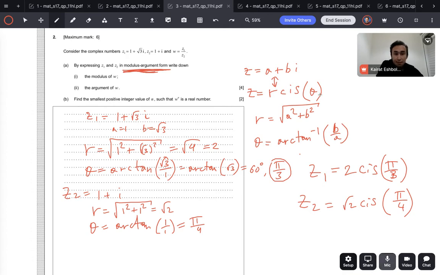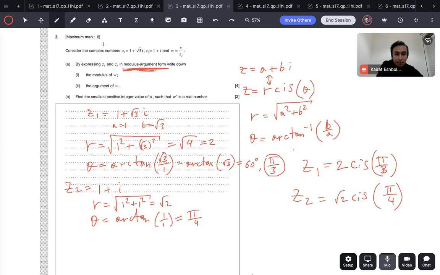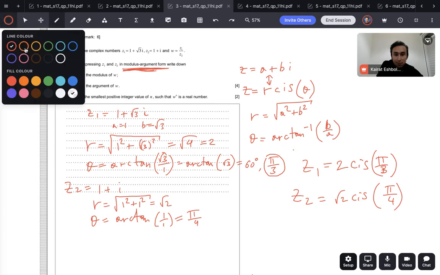Okay, so then they're saying write down the modulus of w and argument of w. So we need to address the w, but w is z1 over z2. So let's go to that.